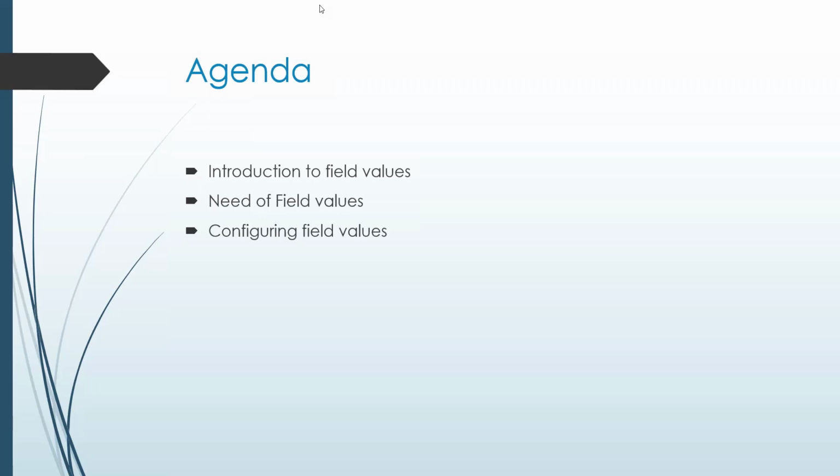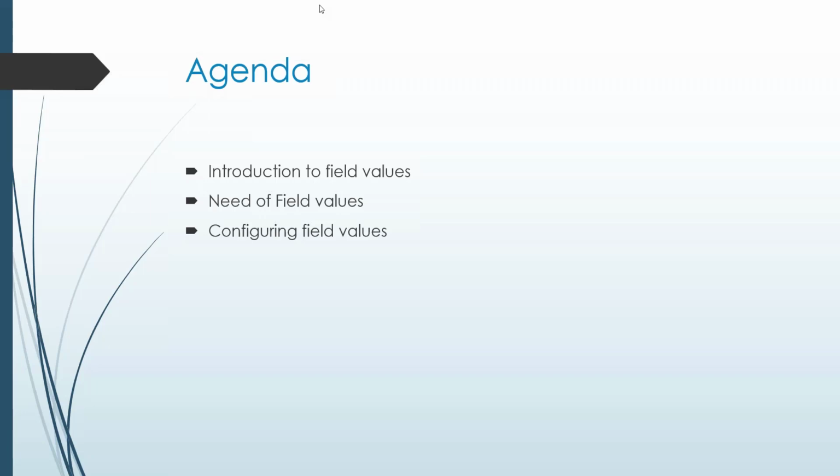Suppose once you start building an application, for a particular property, let's say you have a drop down, it allows a specific list of choices which has to be populated every time you populate that field.